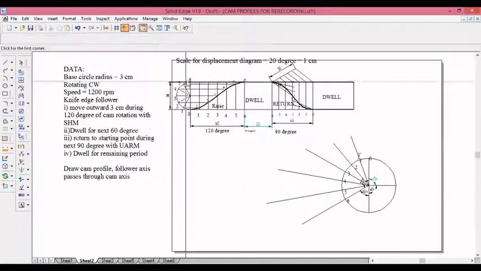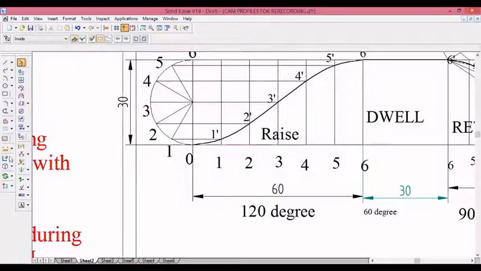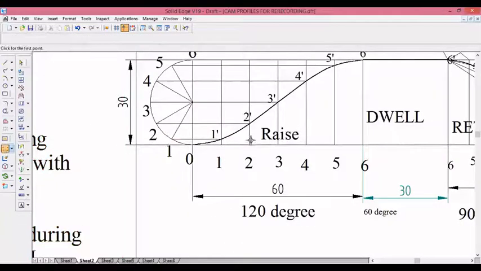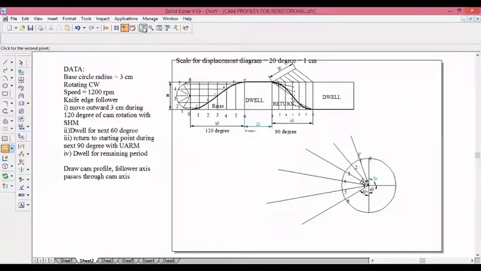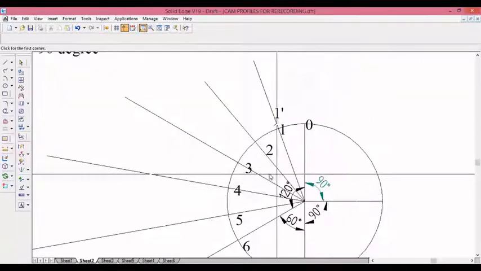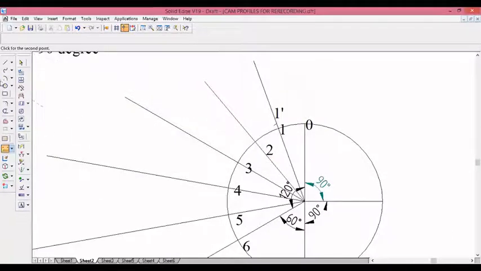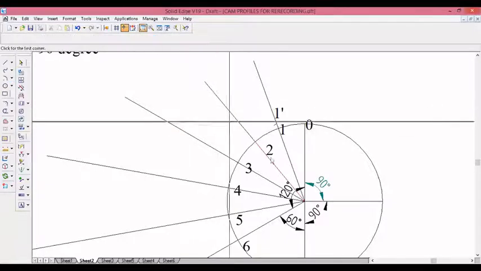Similarly, you go back to the displacement diagram, use compass, keep compass leg at 2, touch the pencil to 2 dash. So now you take arc by center point method, keep compass leg at 2, cut that on radial line.